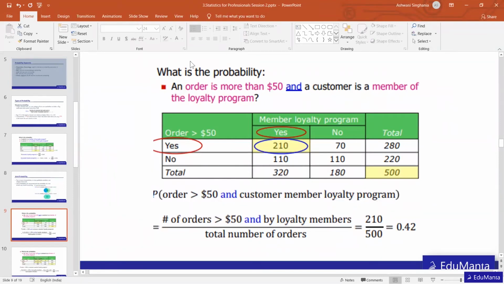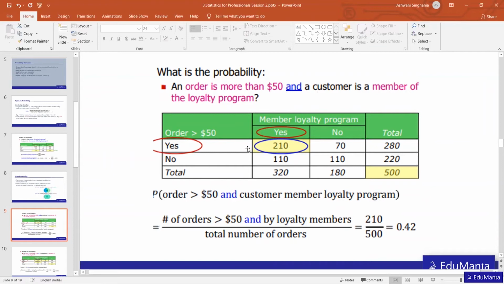We can understand it by seeing an example. For example, here, what is the probability an order is more than $50 and a customer is a member of the loyalty program? Here we are looking for 'and'. So we are considering those people who are under the loyalty program, yes, and also ordering above 50.